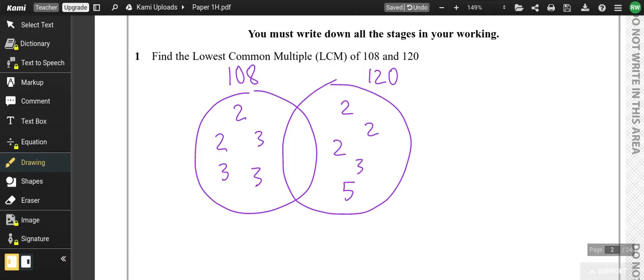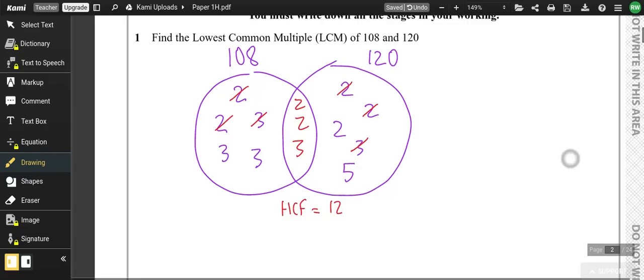So now we can start to cross these out, put them in the middle. There's another 3 there. So HCF is 2 times 2 times 3, which is 12.